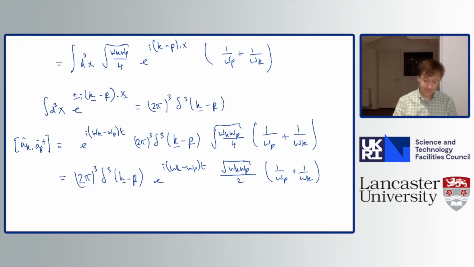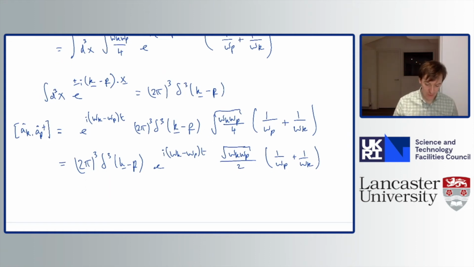Okay, so in practice, anytime you actually use these commutators, it'll typically appear in some integral expression. In an integral expression, the delta function will do what a delta function does, which will force us to set k equal to p everywhere in our expression.